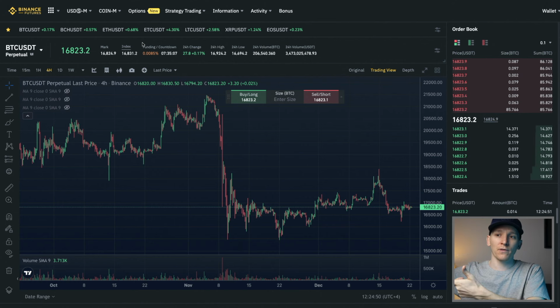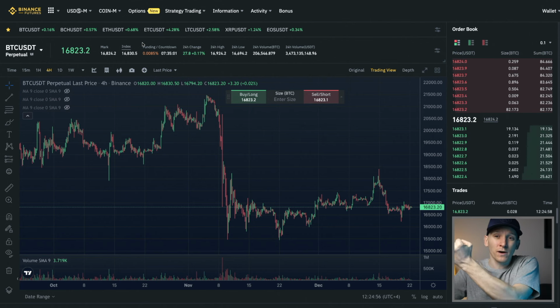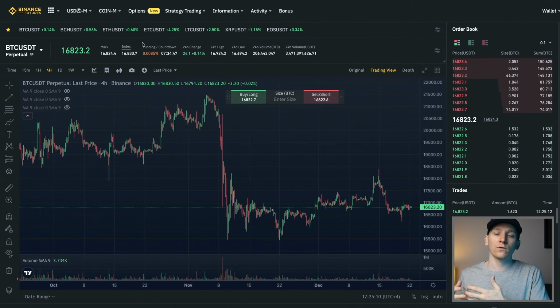The opposite of that is, if the funding is positive and the system is trying to bring that price down in line, you can go short and actually get paid to do that. So it's like an incentive where if the market is too long and the futures price is getting a little bit too hot, the system tries to incentivize people to go short and bring that futures price back in line.